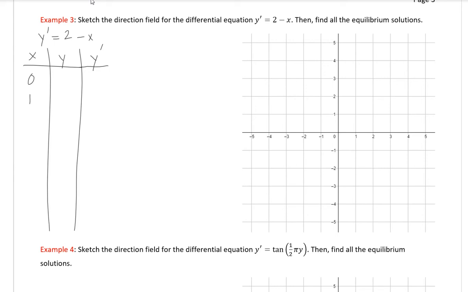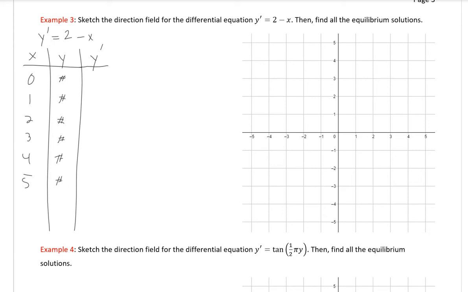So 0, 1, 2, 3, 4, and 5. Well, 0 and whatever y is, whatever number this is for y, it's not even going to matter.